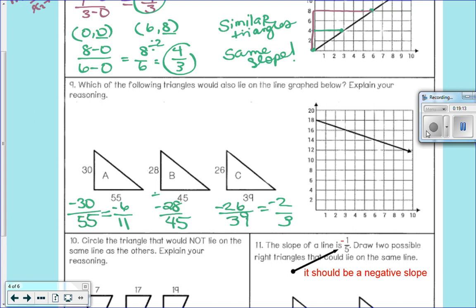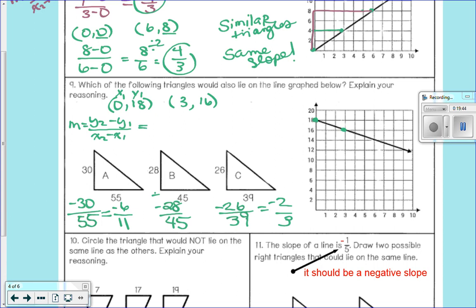So which of the following triangles would also lie on the graph line? So we need to determine the graph line, right? So let's choose our 2 points. 0, 18, x1, y1, and let's choose this one right here, and that is 3, 16. We're good? And so we're going to do change in our y value over the change in our x value.